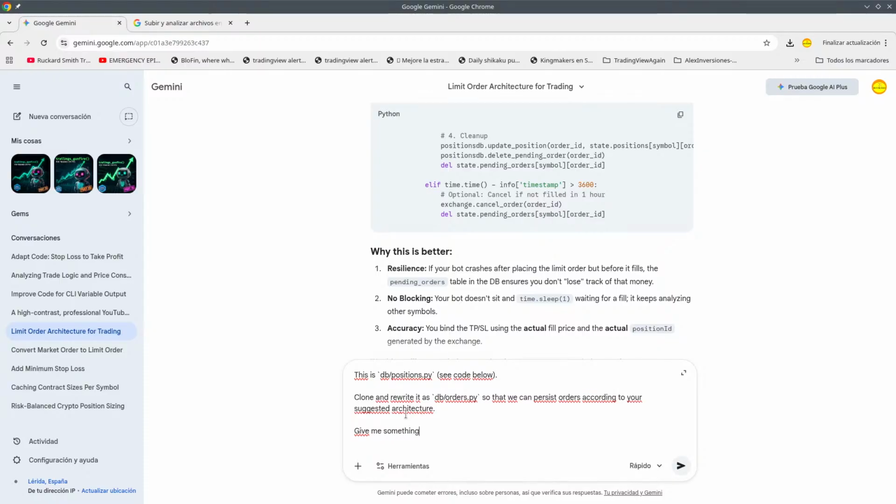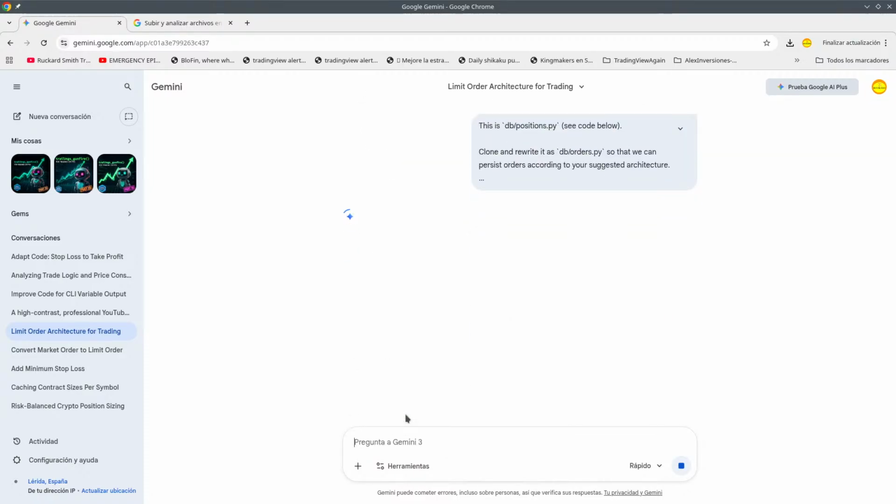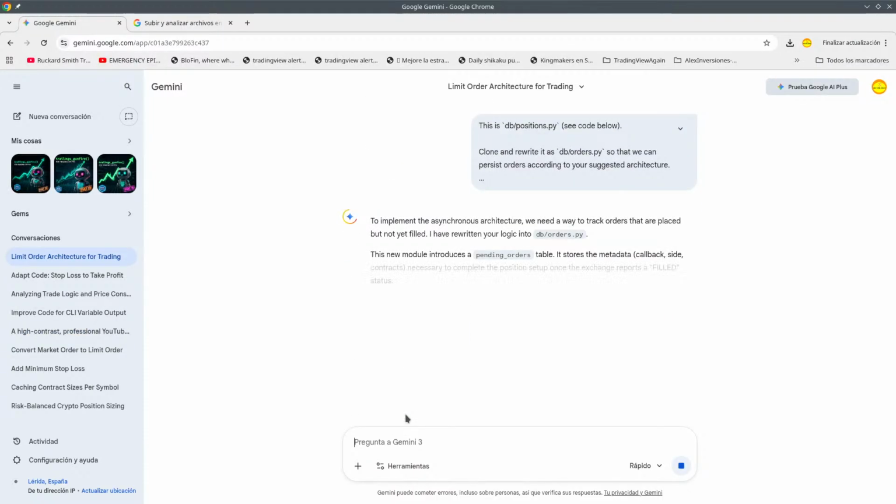Give me something that I can drop in and use. Oh, hopefully. Okay, so to implement the synchronous architecture, we need a way to track orders that are placed but not yet filled. I have rewritten your logic into dborders.py. This new model introduces a pending orders table. It stores the metadata, callback, side, contracts necessary.